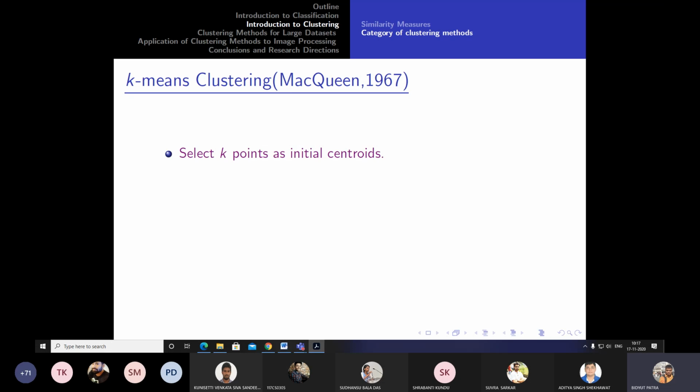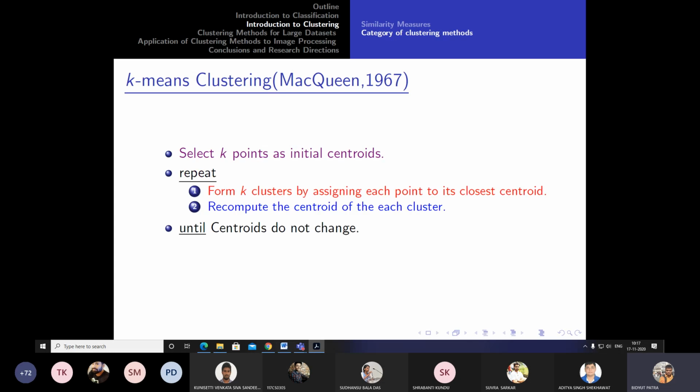So how will we proceed to find the minimum SSE? First, you select K points as the initial centroids, so you pick K arbitrary points from the distribution. Then you repeat this step: form K clusters by assigning each point to its closest centroid, and recompute the centroid of each cluster.